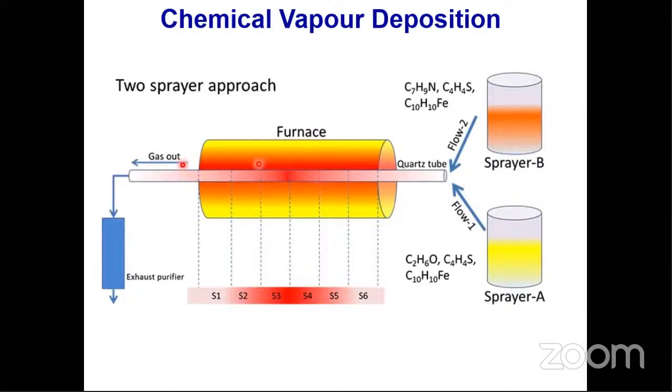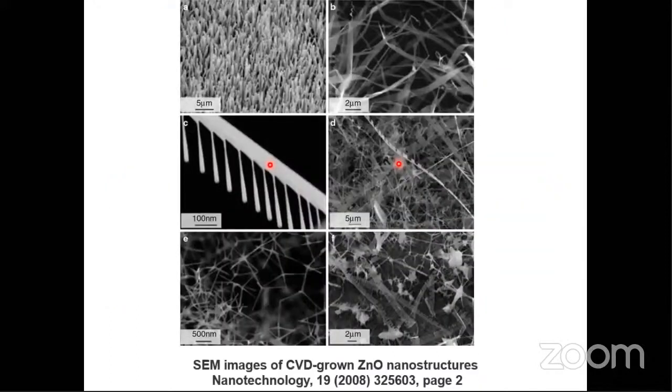Different types of inert gas, sometimes oxygen and hydrogen, are also allowed to pass through this chamber, obviously in a controlled way. So by controlling this gas flow and concentration, flow rate, etc., the structure of the materials can be varied. You can see here, this is the SEM image of zinc oxide nanostructures grown on silicon substrate by chemical vapor deposition process.